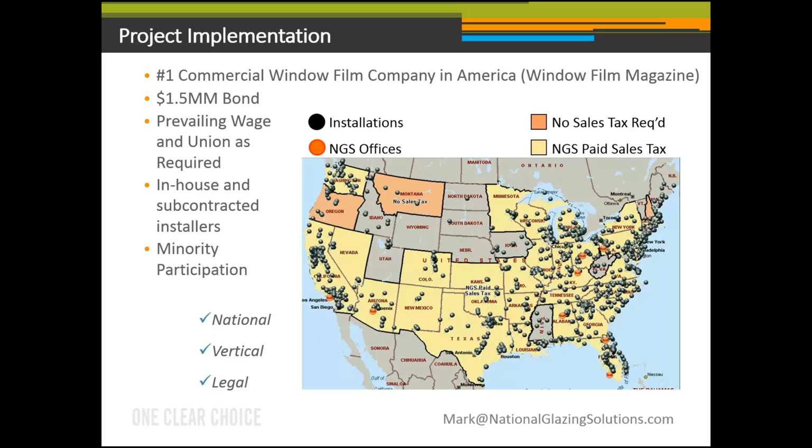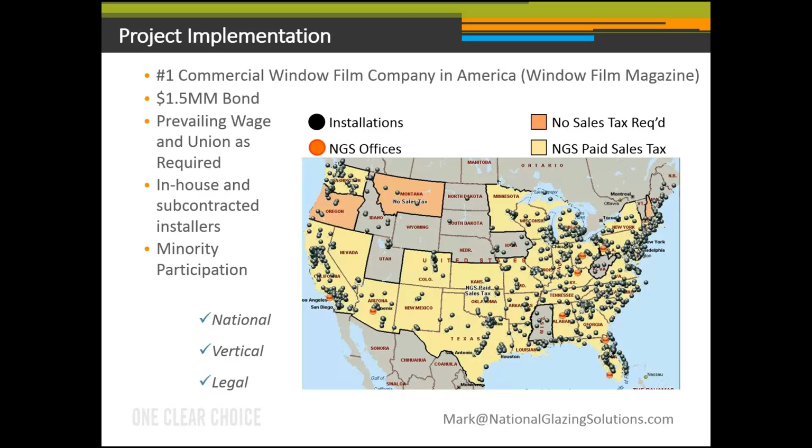We maintain great partnerships with minority and disadvantaged business entities in order to help you reach your set-asides, and we work every day to illustrate the benefits of working with a company like NGS that is truly national, that is truly vertical, and truly legal.